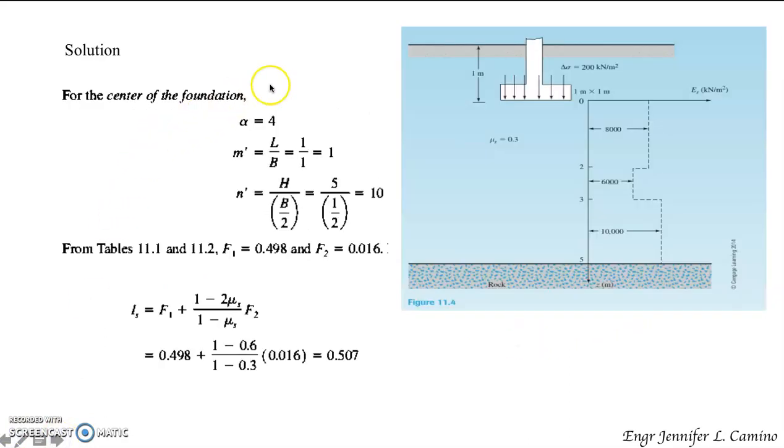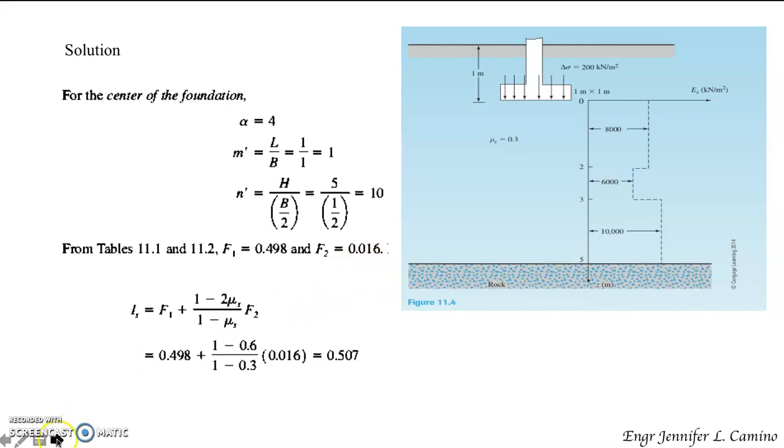And for the center of the foundation, our alpha is 4, so we have to identify our m prime and n prime. That is L over B, which is 1 over 1, which is 1. N prime is equal to H over B over 2, which gives us 10. From Tables 11.1 and 11.2, our F sub 1 is equal to 0.498 and F sub 2 is equal to 0.016.